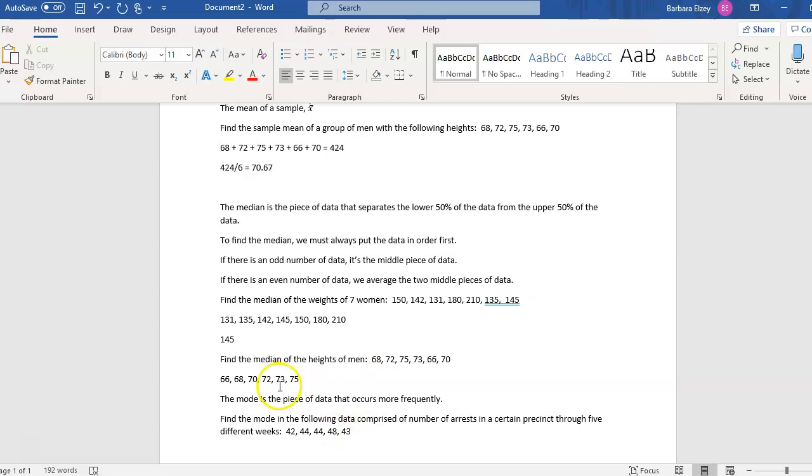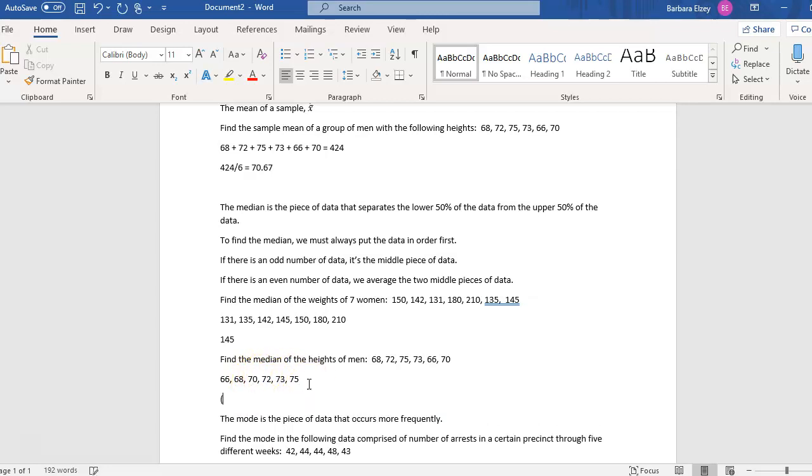Okay, now this time, there's 2 pieces of data that are the center. The 70 and the 72 are exactly in the middle here. So since there are 2 of them, we average them together. We say 70 plus 72 divided by 2. That's going to give us 142 divided by 2, which gives us a median of 71.